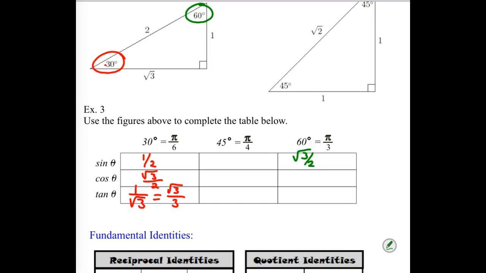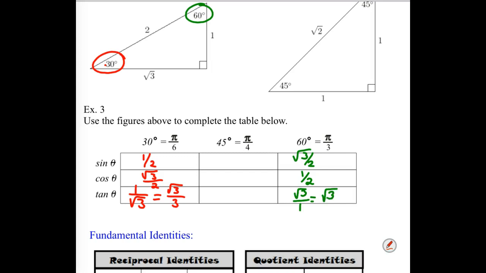Cosine of 60 would be 1/2. And how about tangent of 60? Tangent of 60. √3/1, which is just √3.